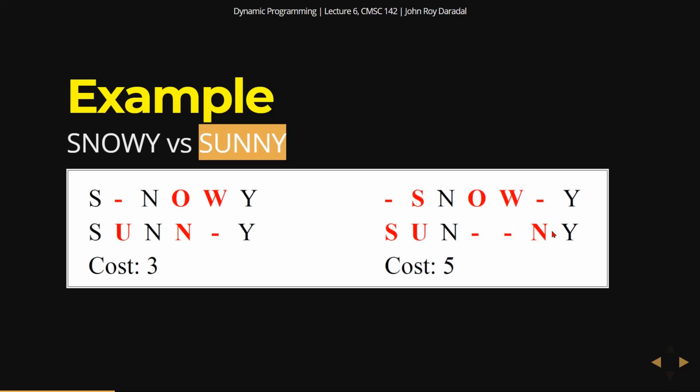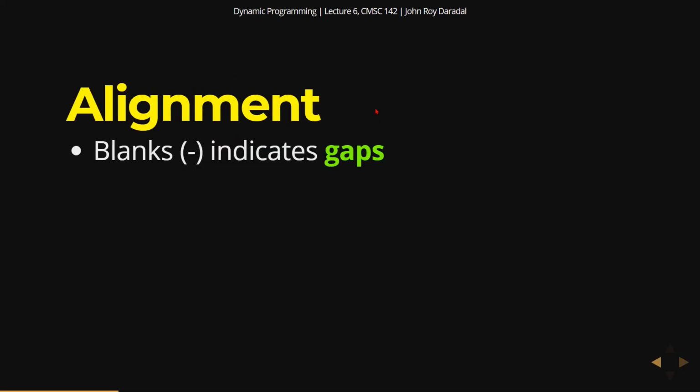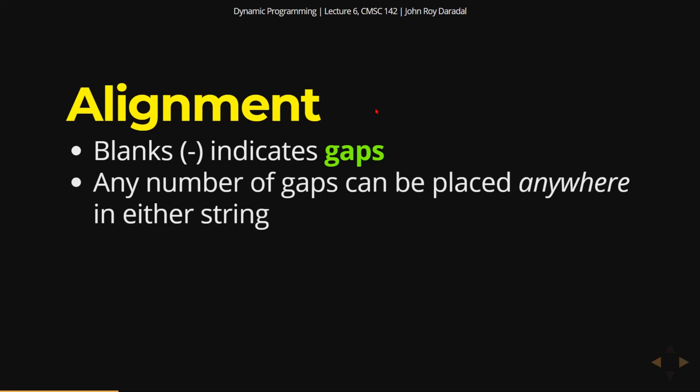But if you align it this way, wherein you did not align S and S here, there would be an additional cost of +2. Because we have S aligned with a blank, S aligned with U, so that's 2, 3, 4, and then 5, right? So this one has a different cost if you align it this way. Okay, so the blanks indicate gaps, and any number of gaps can be placed anywhere in either string.